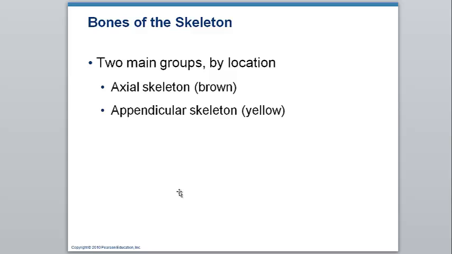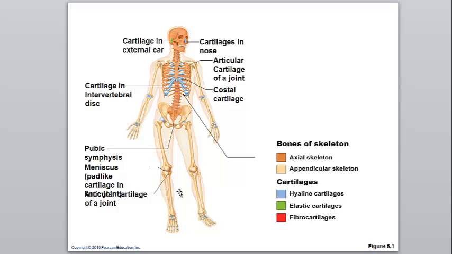Bones are divided into 2 major systems: axial skeletal system and appendicular skeletal system. So if you look at this picture, all the orange ones that you see, this will be the head region, the thoracic region, and the vertebral region. All these regions, the orange ones that you see over here, are under axial skeletal system. And the yellow one, that'll be your limbs, upper and lower limbs, and basically the girdles that attach your limbs.